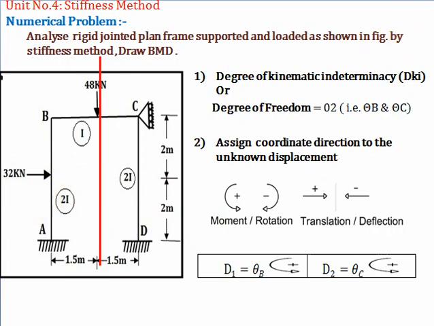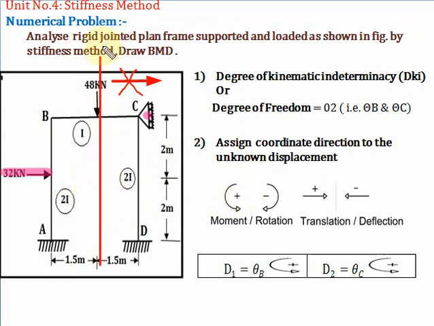Now here there is a load of 32 kilonewton, but at support C there is a roller support, and this roller support will not allow to move in x direction or in horizontal direction. So this type of frame is a non-sway frame.